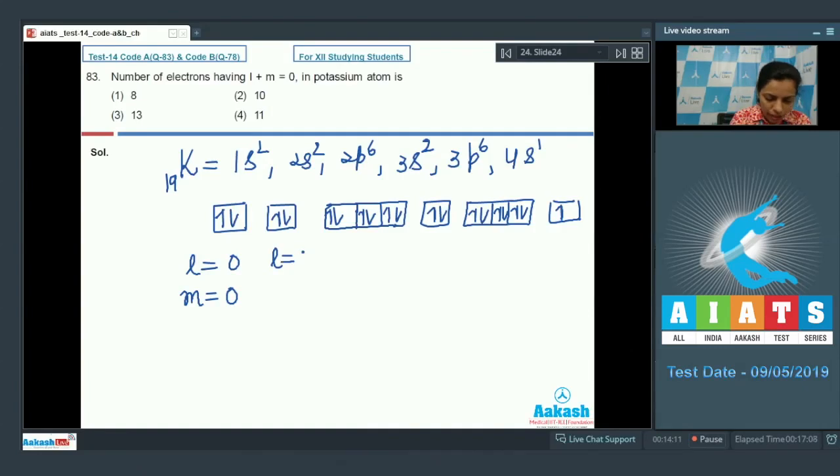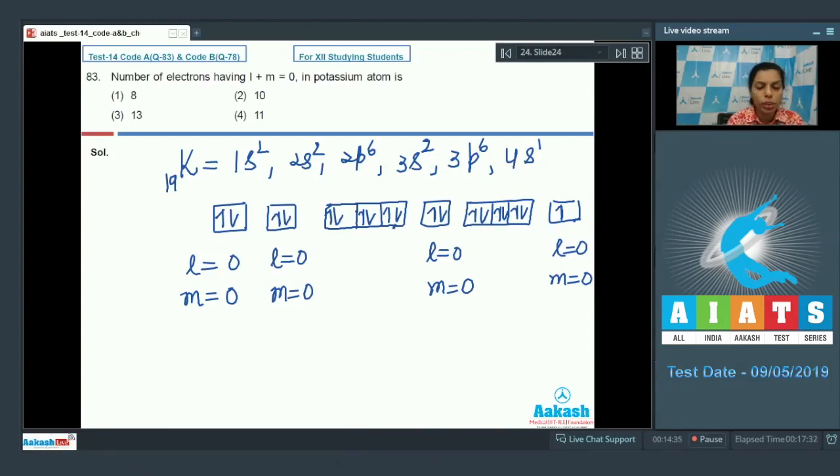Further, for the second case, L is 0, M is also 0. Here also, L is 0, M is also 0. Now, if I talk about the number of electrons associated with these quantum numbers, 2 electrons are here, 2 here, 2 here and 1 here.